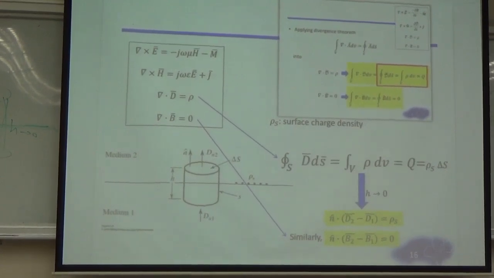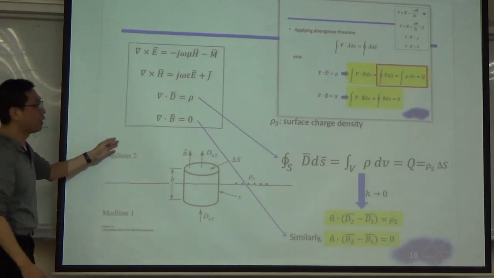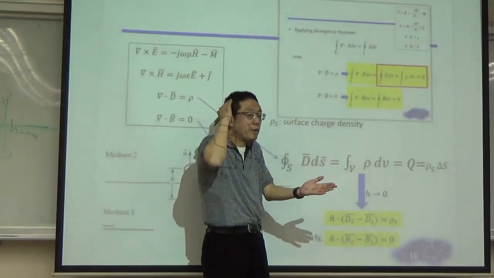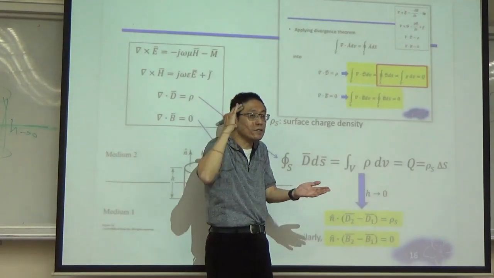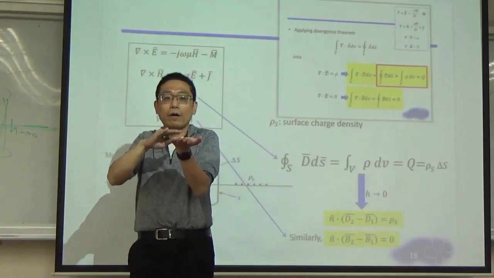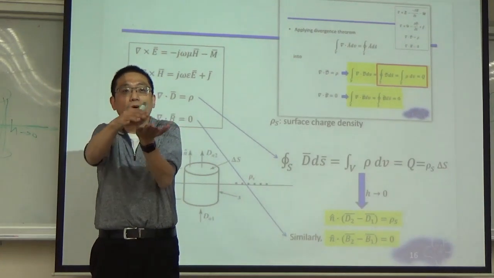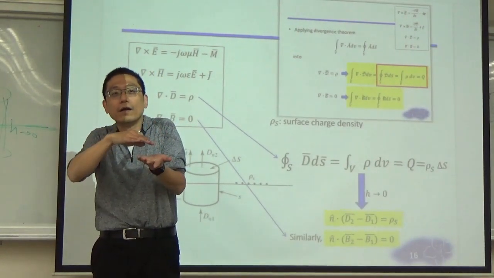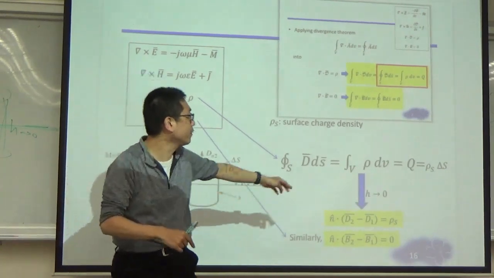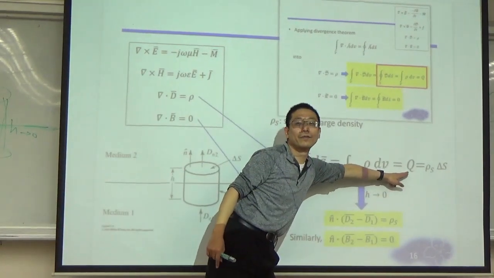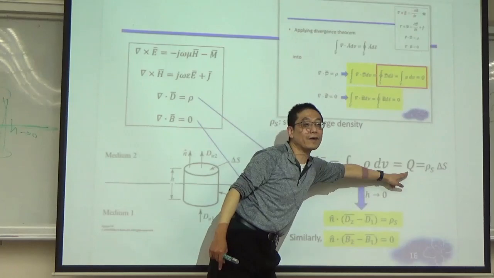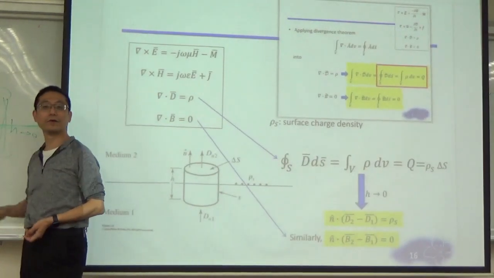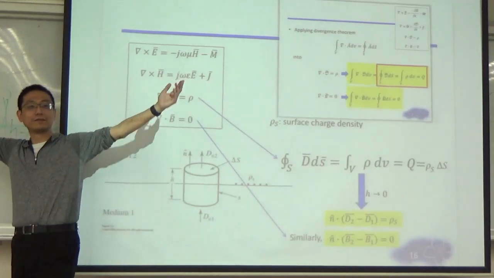We can also do the integration over all the surface. Remember that if you integrate over all the surface of a closed area, the result will become Q, right? What happens if h goes to 0? What happens to the cylinder? Anyone?